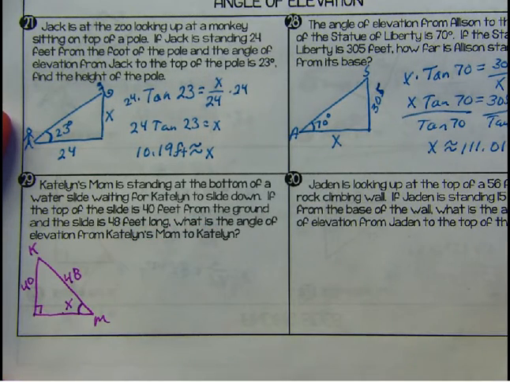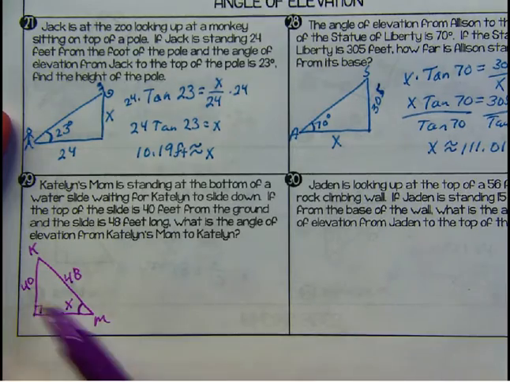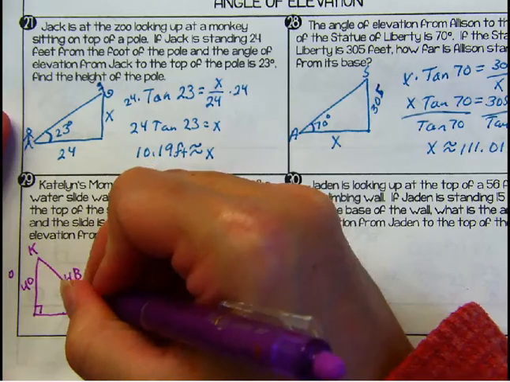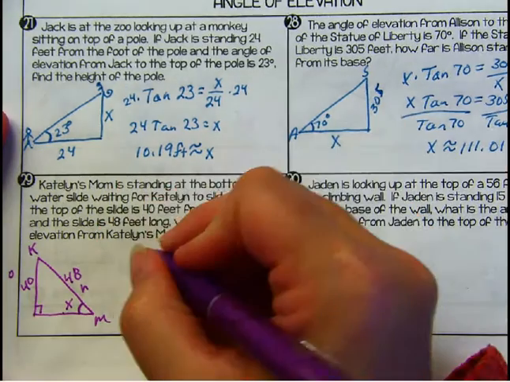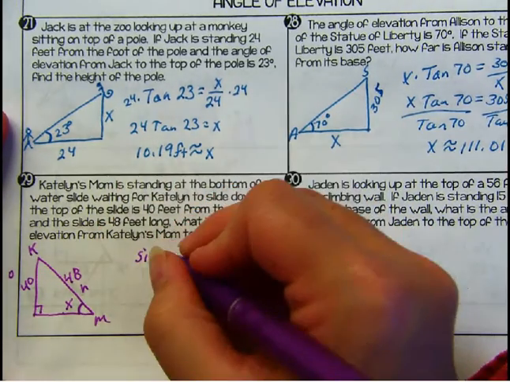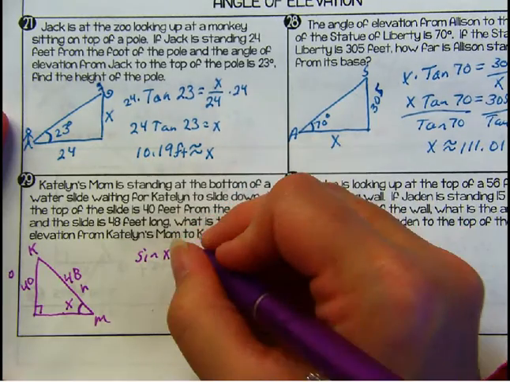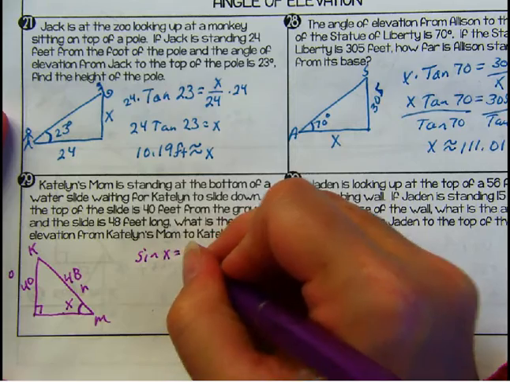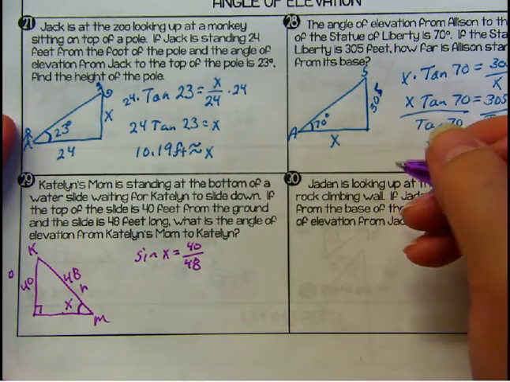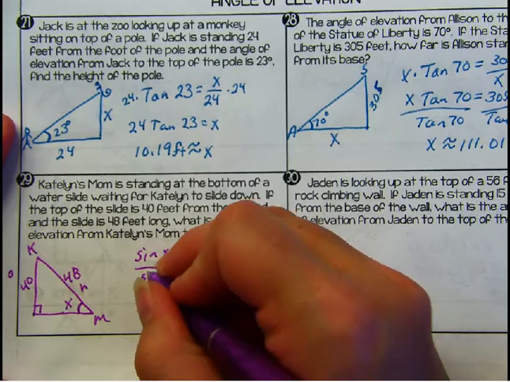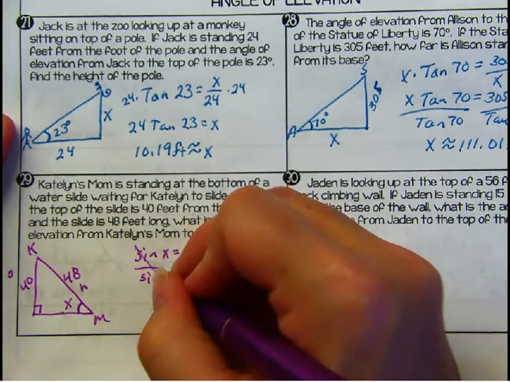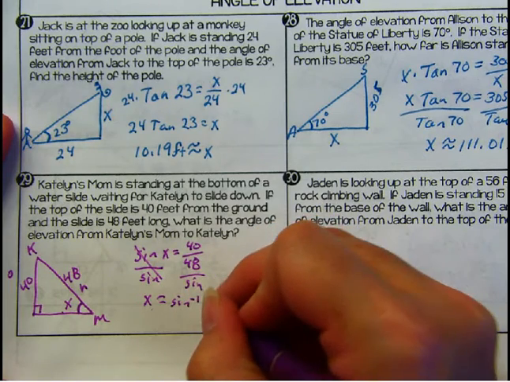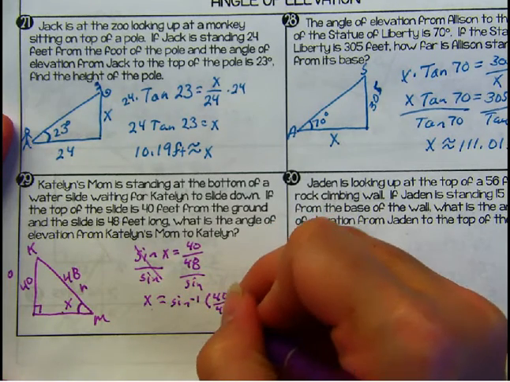So looking at the information that we have, an opposite leg, and we have a hypotenuse. So that means we're going to use sine of x equals opposite, which is 40, over hypotenuse, which is 48. So in order to solve for x, divide by sine. We end up with x equals sine to the negative 1 of 40 over 48.